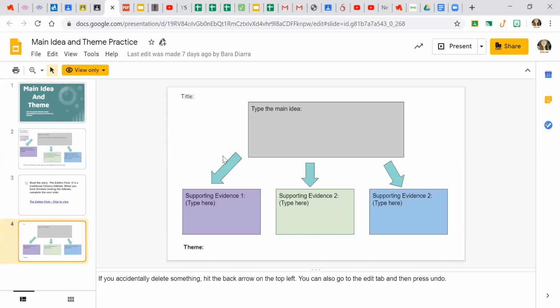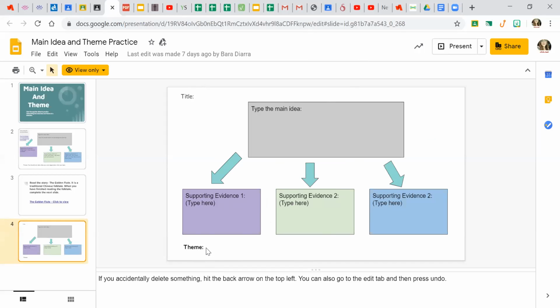After you're done reading, you're gonna type the title of the text right here, what you think the text is mostly about, and then 3 pieces of supporting evidence that supports your main idea. How do you know that the text is mostly about that? Okay, then don't forget down here, I know it's kind of small, write the theme or the lesson about life that the reader learns from the story.